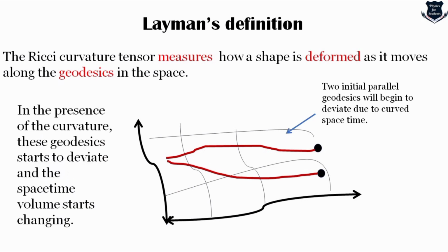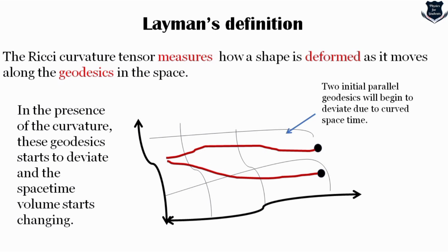What I am trying to tell is that in the presence of curvature, these geodesics start to deviate and the space-time volume starts changing. I will demonstrate more on that. In space-time, all the different parts of an object will follow their own geodesics, which I have just shown with those two purple lines. Therefore, if curvature is present, these geodesics may begin deviating from one another and the space-time volume will change.